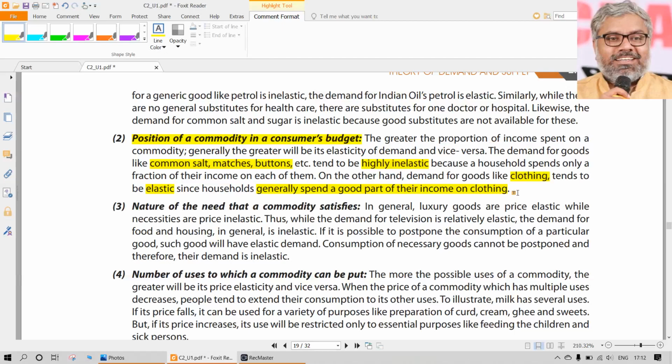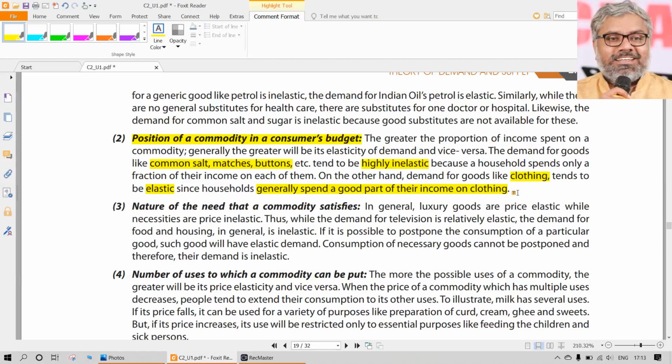Monthly expenditure, routine recurring expenditure is one part. You have to pay telephone bills, current bills, flat maintenance, rent, school fees for the kids. These are all monthly things everybody will spend. But where there is a special need like clothing, that is not part of the monthly budget. That is an extra thing. So the position of this commodity in a consumer's budget is not low, it is high.